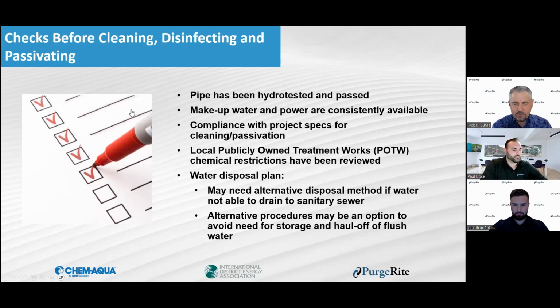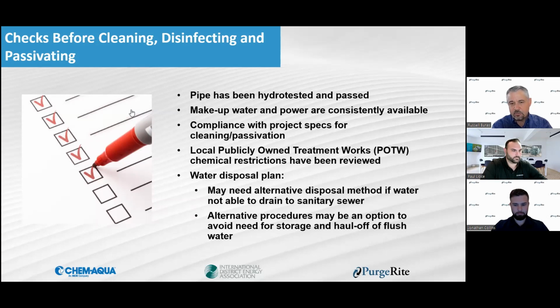And then a big issue these days is you need to have adequate makeup water, and power needs to be available. One of the challenges we're seeing people wrestle with is, do they have enough makeup water? And I'm not talking 100 gallons a minute. I'm talking 500, maybe 1,000 gallons a minute capability to really take on the procedures that you need to do to flush.